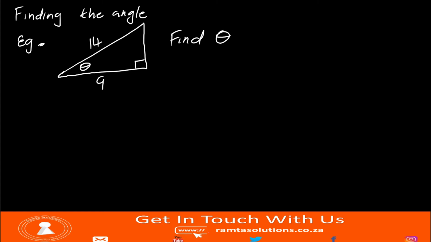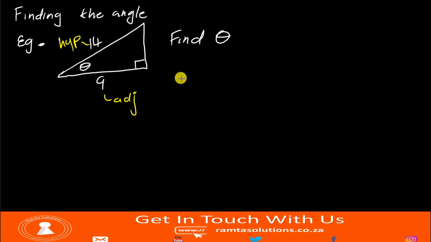This side here we refer to as the side adjacent to the angle, and this side here is the hypotenuse, as you can see, it is opposite the 90 degrees. Therefore, we can use the cosine ratio.